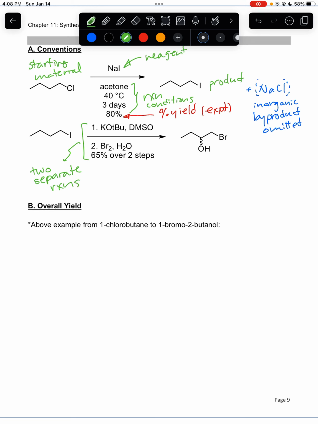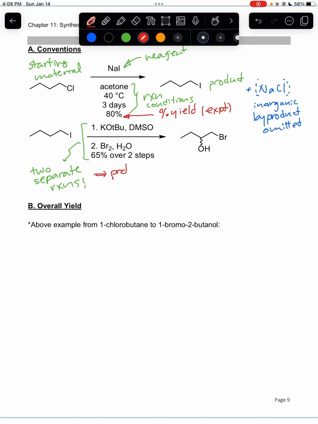They could have written this to show how the two steps are separate using two different arrows showing two different products, the product from the first step and then the product from the second step separately. But again, oftentimes just to save space, this is the convention. Now, when you see this, I want you to know that this is two separate reactions, okay?